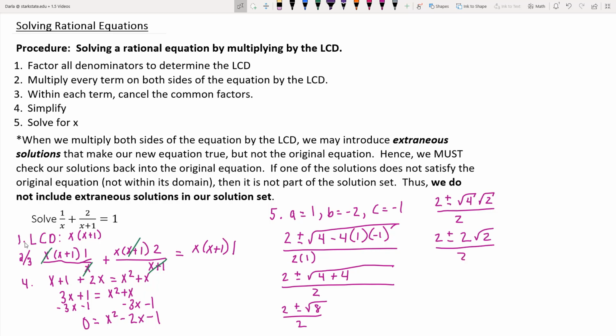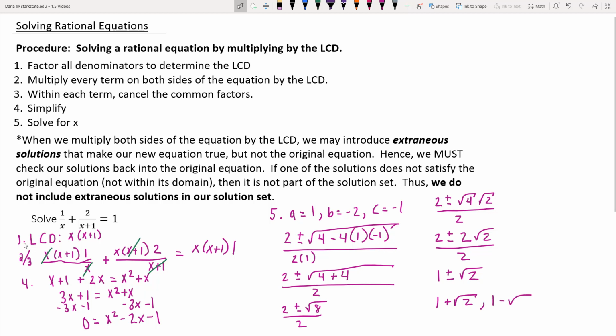And then now we can see that this expression can simplify because we can divide each of these terms by 2. So 2 divided by 2 is 1, and 2 square root of 2 divided by 2 is square root of 2. So at the end of the day, my solutions are 1 plus square root of 2 and 1 minus square root of 2.